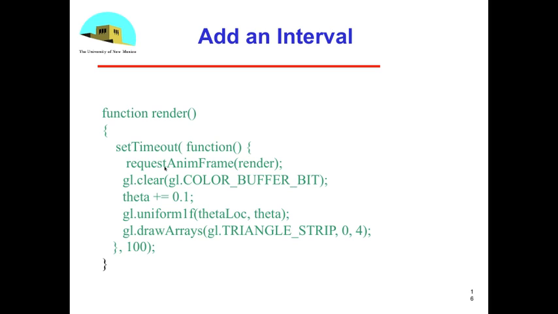So we can request an animation frame, and then we could say, okay, I'm going to get a new theta as a uniform variable, send it over as a uniform variable, and then I'm going to draw arrays, but I want you to wait 100 milliseconds before you do that. And in the next lecture, you're going to see how we use that technique to do things like speed up or slow down the rotation of that square, and I'll demo some of those. But you can actually look on the website under Chapter 3, and there's various versions of rotating square on there.